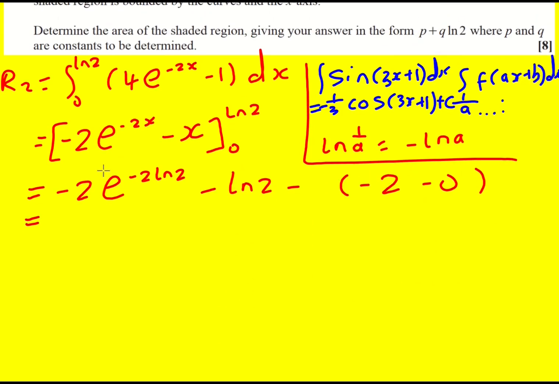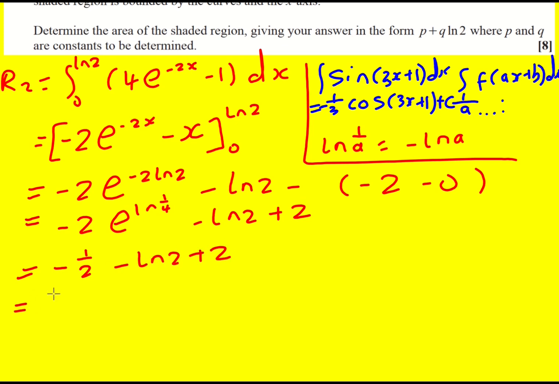We've got the ln 2 going on, so that's good. Now, in a similar sort of way, this is going to become ln 2 to the minus 2, which is ln of a quarter. That's e to the ln of a quarter, which is then a quarter, so it's going to be minus 2 times a quarter, and minus a half, which is 3 over 2 minus ln 2.